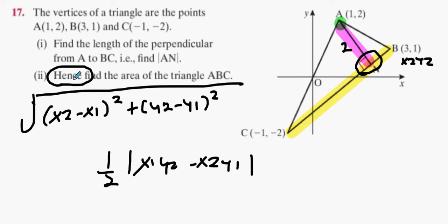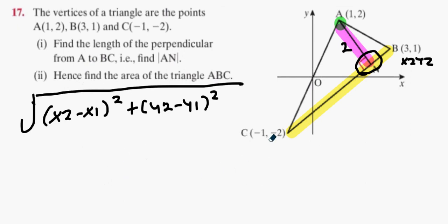Can't guarantee you'll get marks. Hence, you've got to think of how part 1 helps you with part 2. Okay, very important you know the difference. So that's not allowed. It would work, but it's not allowed for this particular question.